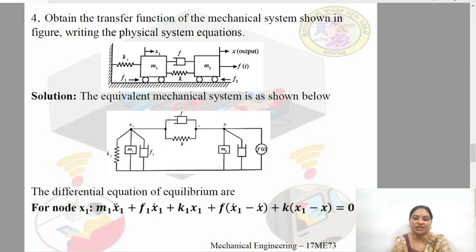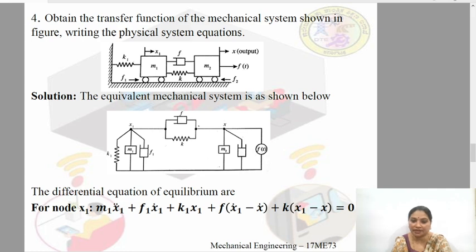The differential equation for the above system for the different nodes: for the node x1 we can write it as m1 x1 double dot plus f1 x1 dot plus k1 x1.